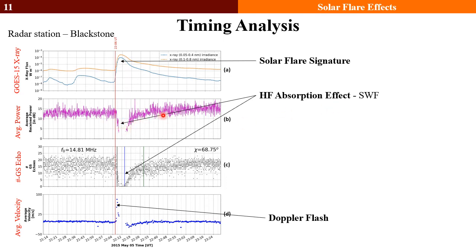is the absorption effect. You can clearly see that before the complete bite-out there is a decrease in the amount of background average power. Similarly, on the third panel, the number of ground scatter echoes is completely wiped out around this time, but before that there is a phase when there is a significant drop in the number of ground scatter echoes.